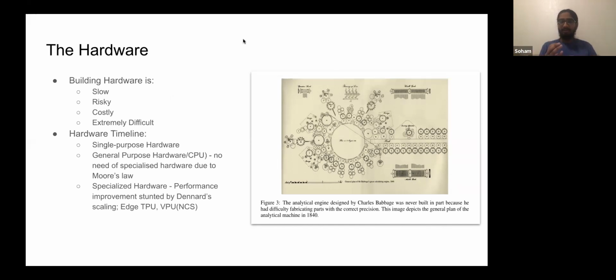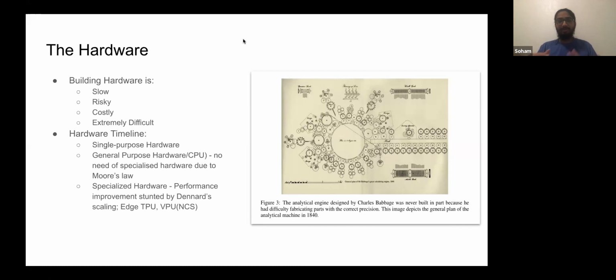So it's slow. Even if you've built it, and have all the code and all the stuff ready, you then send it out to a manufacturer to actually print the hardware on a die, and that process itself can take anywhere from 6 months to, I don't know, 2 years in some cases. So building hardware is slow.